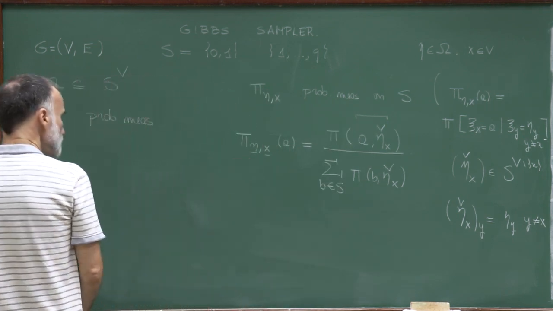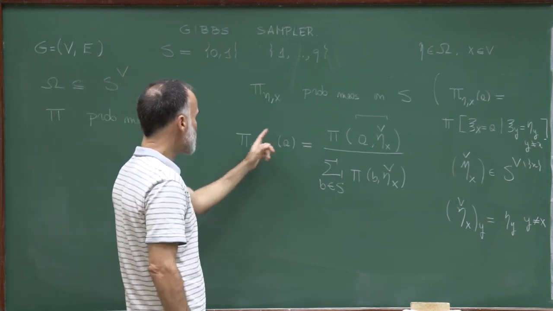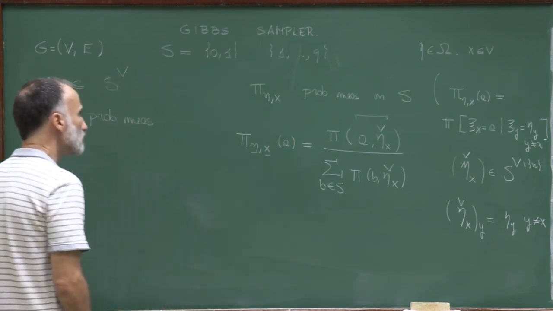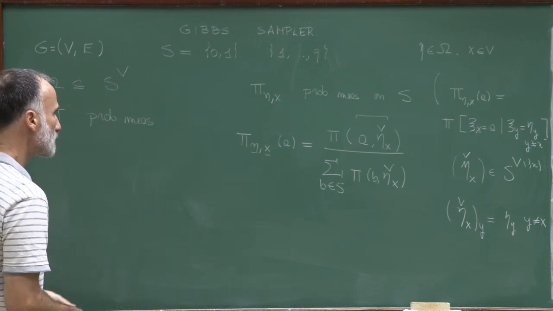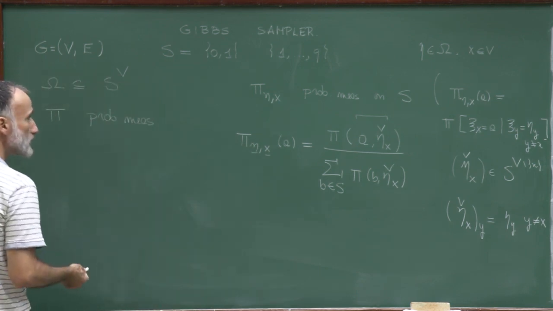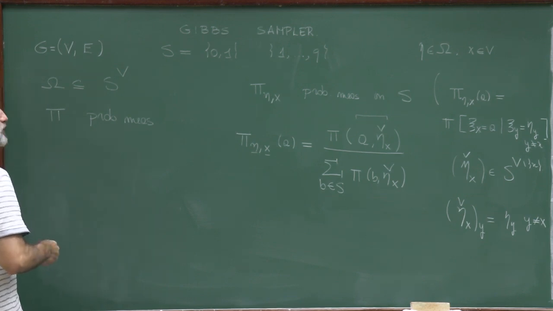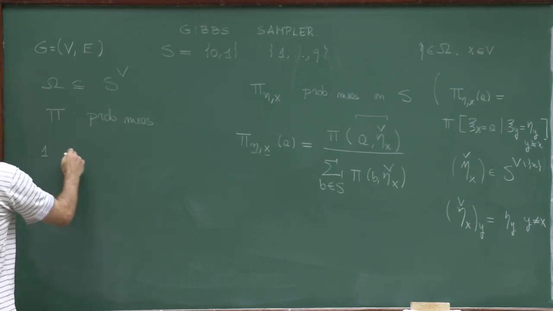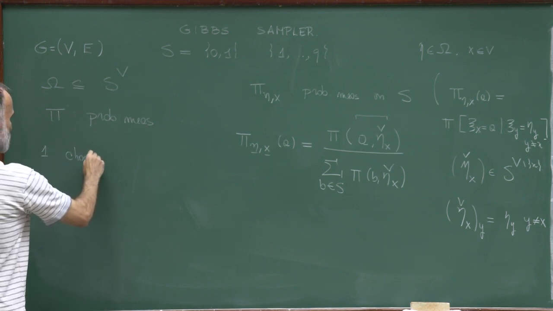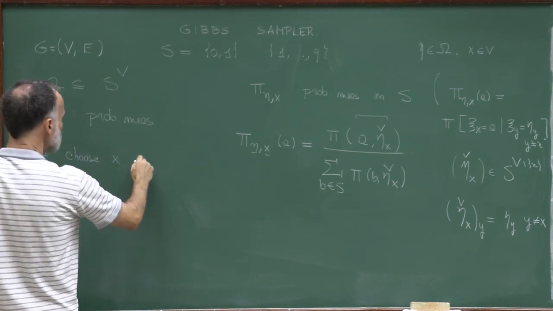So I will use this notation in order to define the Gibbs sampler. The Gibbs sampler, as before, moves in two steps. You first choose a site x at random.